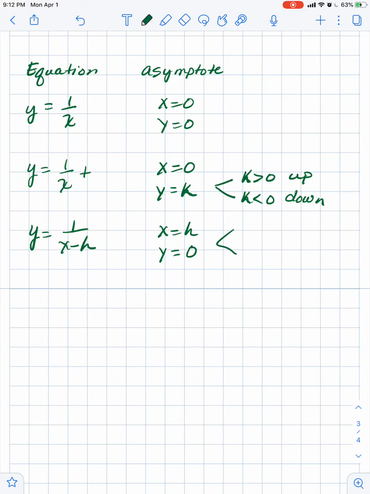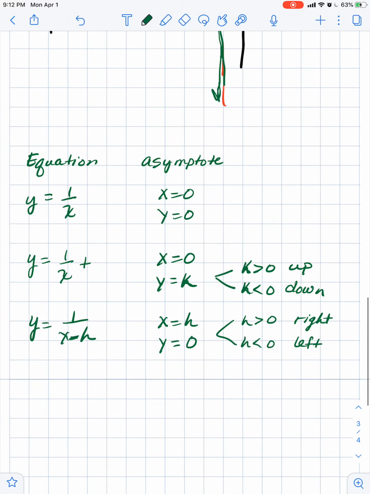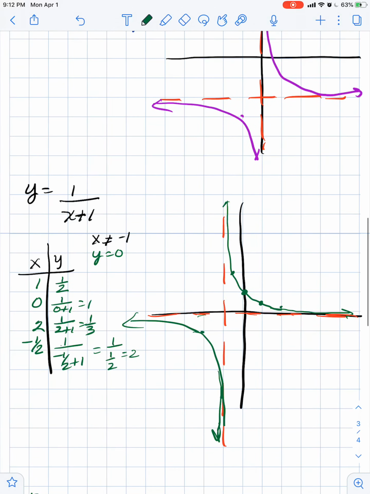Okay, and so we'll put in here, if h is greater than 0, we can leave it as a minus, I guess. If h is greater than 0, because I put a minus here, guys, then that is going to move it to the right. And if h is less than 0, it should move it left. Okay? And we can double check that and make sure it's right.